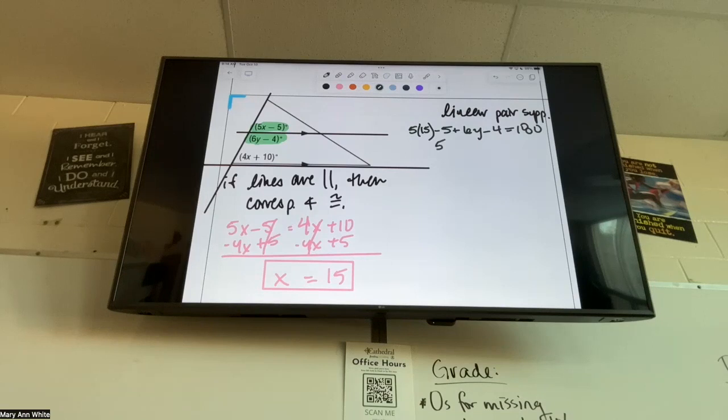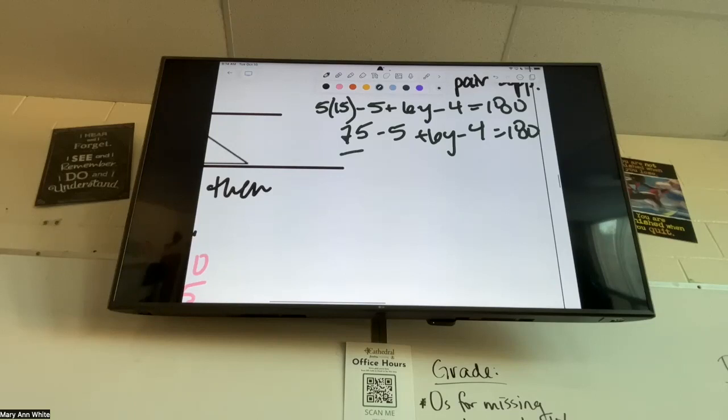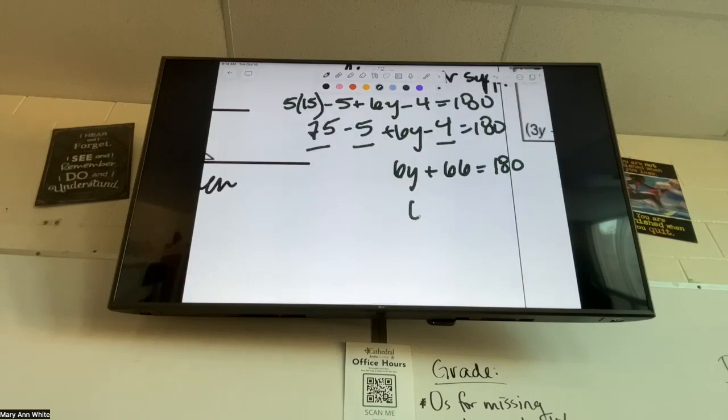I've got 75 minus 5 plus 6y minus 4 equals 180. 75 minus 5 is 70, minus 4 is 66. 6y plus 66 equals 180. And if I do 180 minus 66, is that 114? And then 114 divided by 6 is 19.